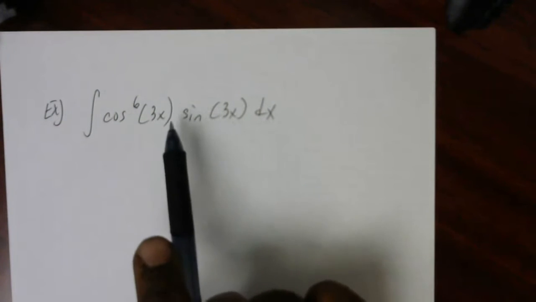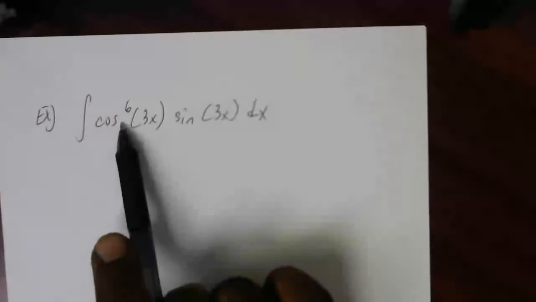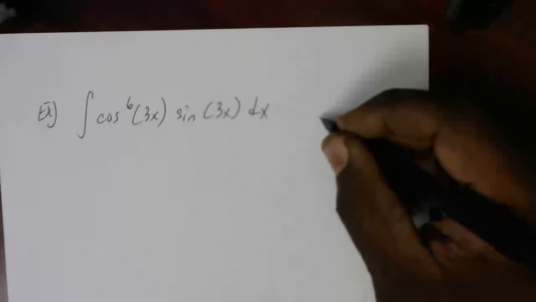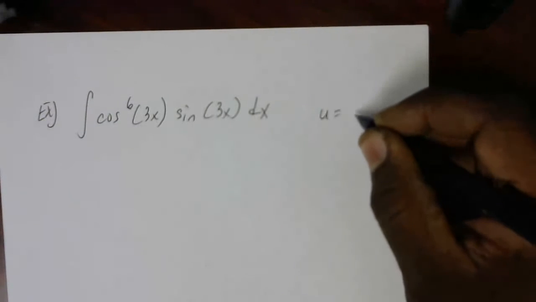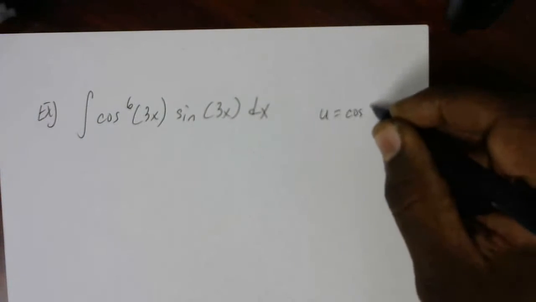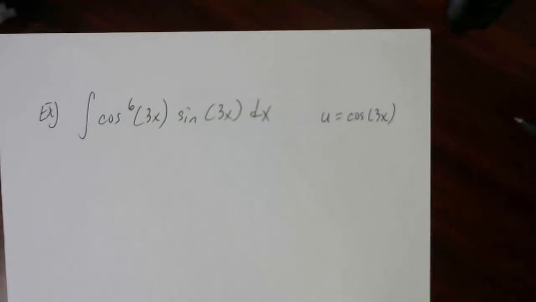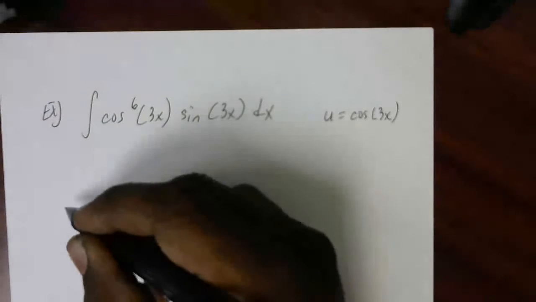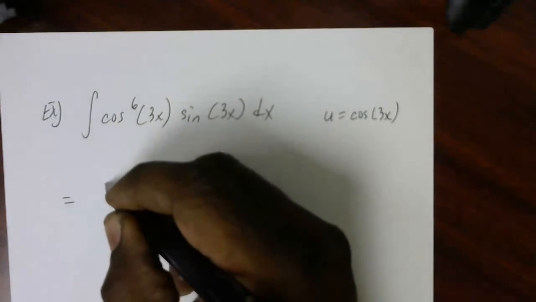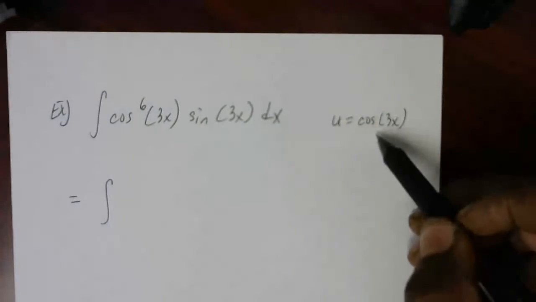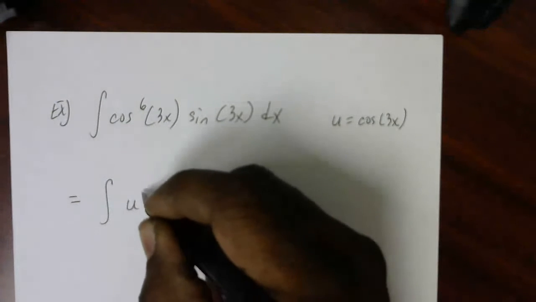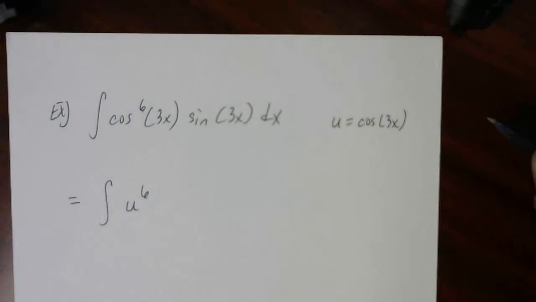Similar to what we did in the last problem, I'm going to substitute u for the cosine of 3x. With that substituted, I could rewrite this first factor as u to the 6th power.